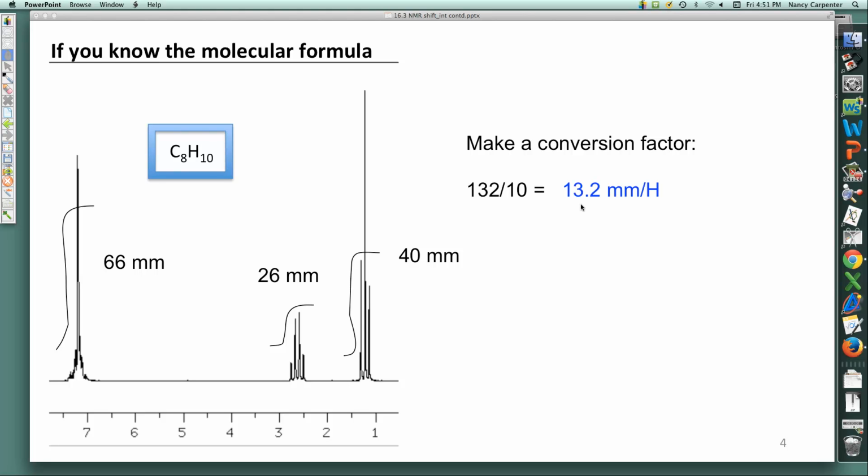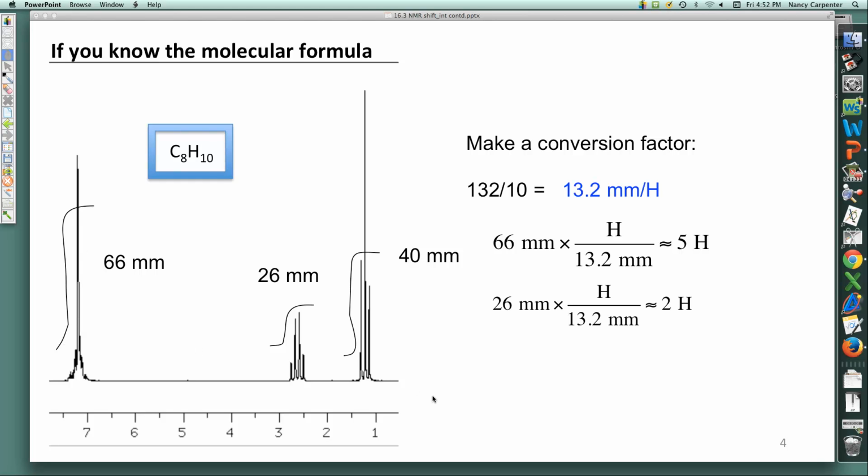That tells me that for each 13.2 millimeters, that's one hydrogen. So I can take my 66 millimeters, divide it by 13.2, and 5 hydrogens are responsible for this signal. Take my 26, divide it by 13.2: this is 2 hydrogens. 40 divided by 13.2, roughly 3 hydrogens.